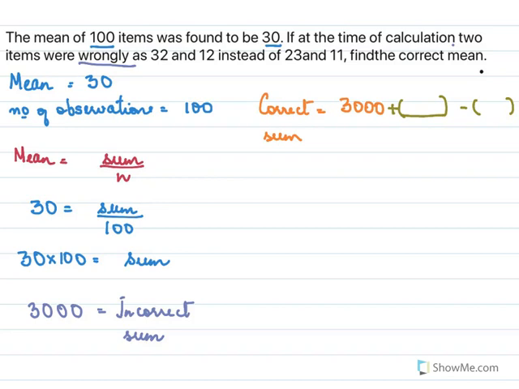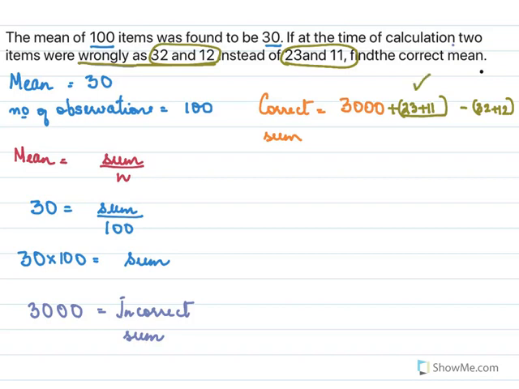So here they say, at the time of calculation two items were wrongly written as 32 and 12. So 32 and 12 were the wrong ones, so we need to subtract them. 32 plus 12 has to be subtracted instead of 23 and 11. So 23 plus 11 have to be added.